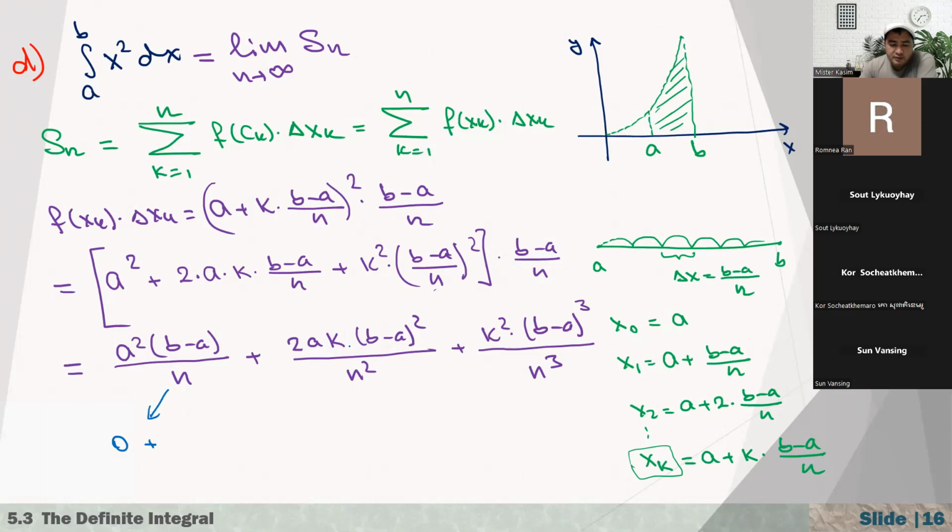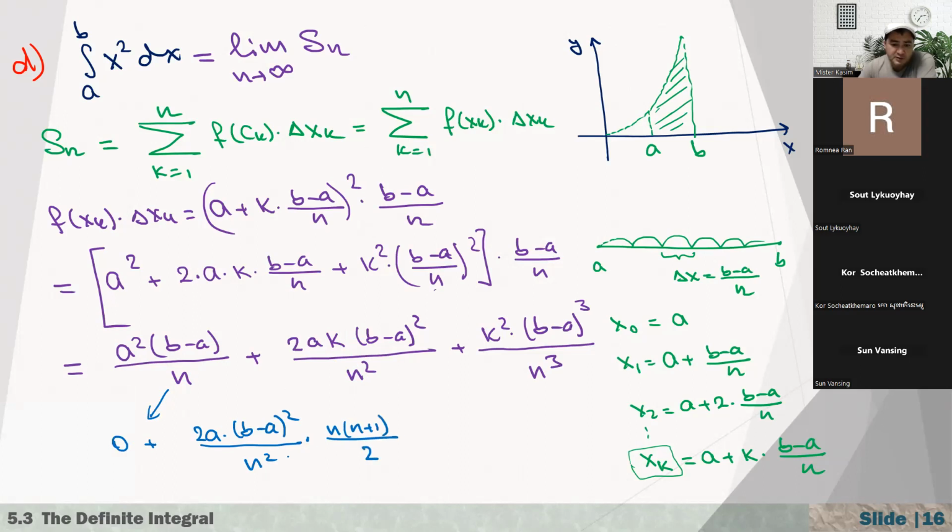And how about this limit? What is it? I have to evaluate the limit of 2a times b minus a squared over n squared, and here we have the sum of k. What is the sum of k? It is n times n plus 1 over 2.